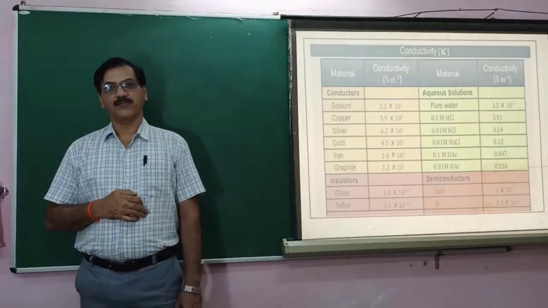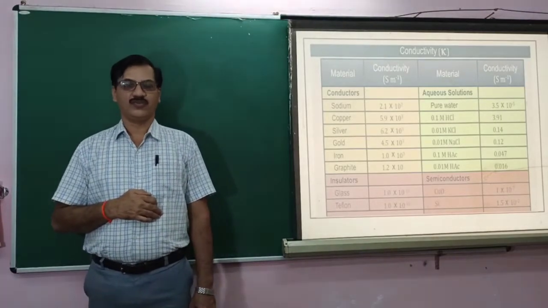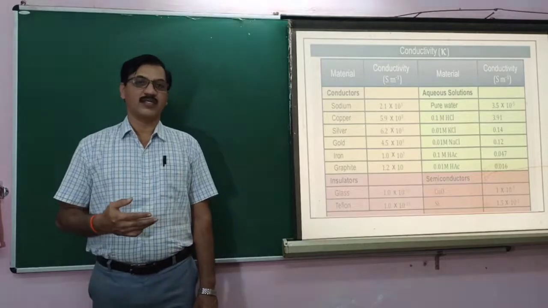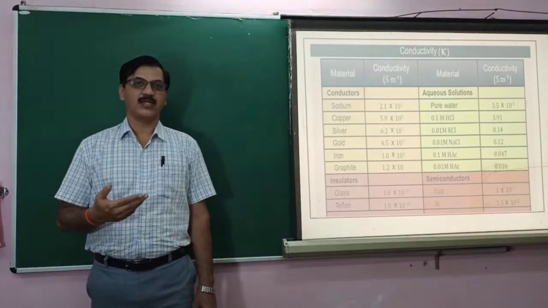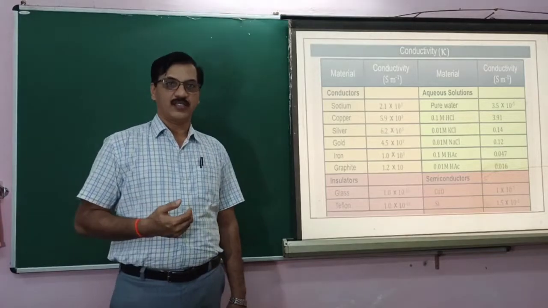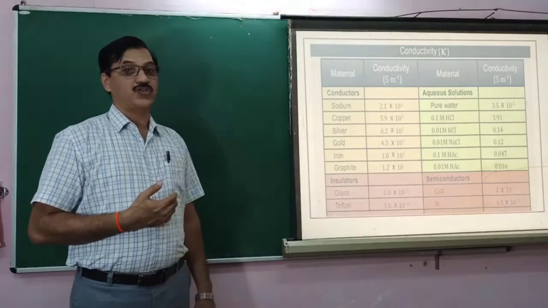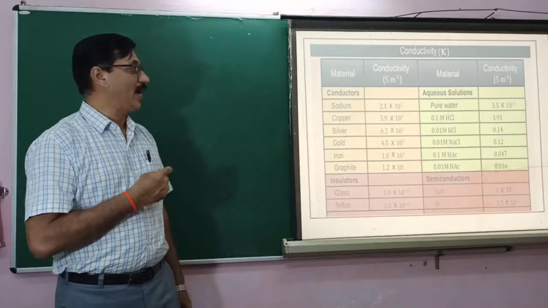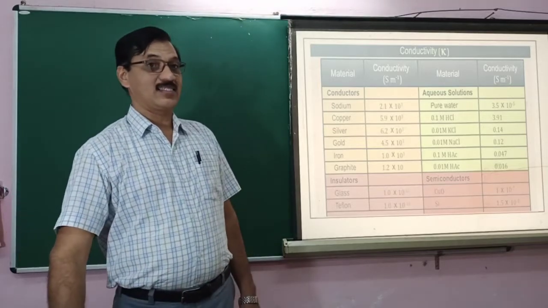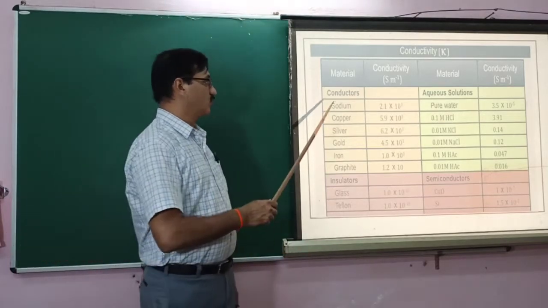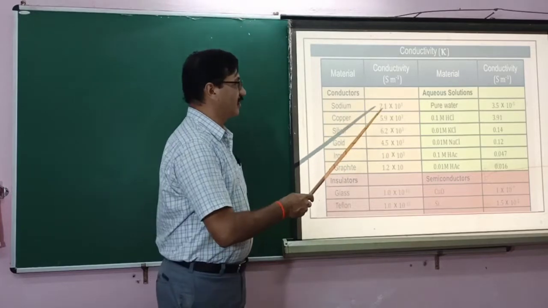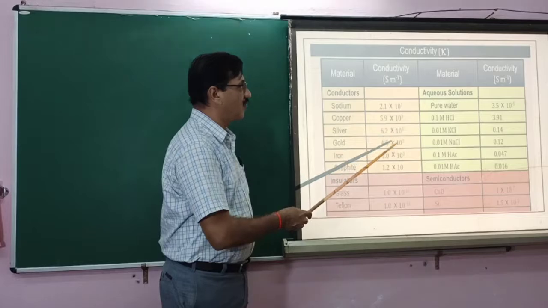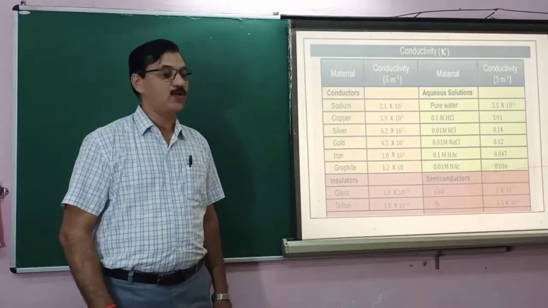Now we have seen conductivity of metals, non-metals like carbon, semiconductors, and solutions. Here are the values of conductivity. So sodium, copper, silver, these are all good conductors of the order 10 to the power 3 conductivity value.